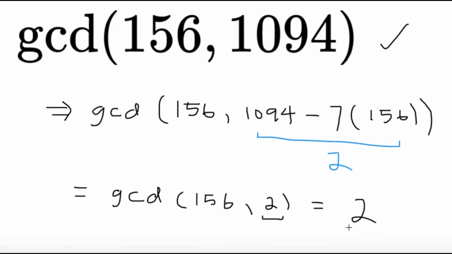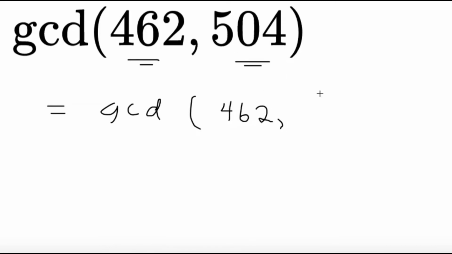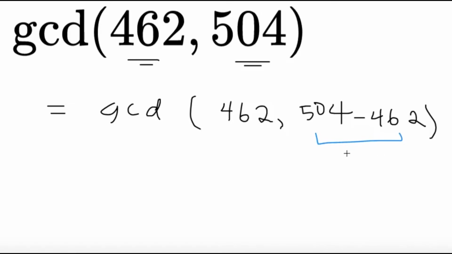So again, let's try to do the next item, the GCD of 462 and 504. By the Euclidean algorithm, I can say that this is equal to the GCD of, 504 is bigger, so let's try to make 504 smaller. So 462 and 504 minus 462 via the Euclidean algorithm. And I will tell you that this part evaluates to 42.